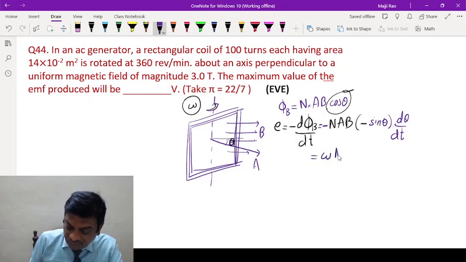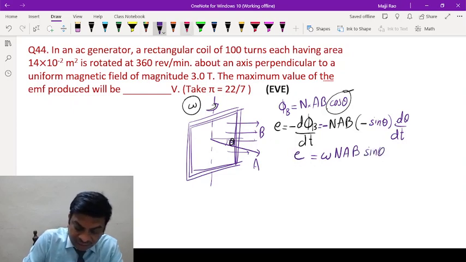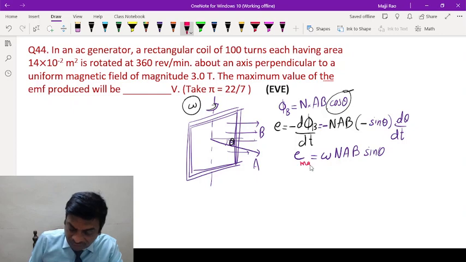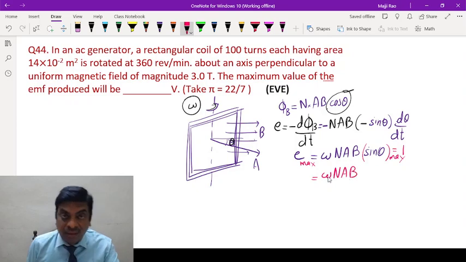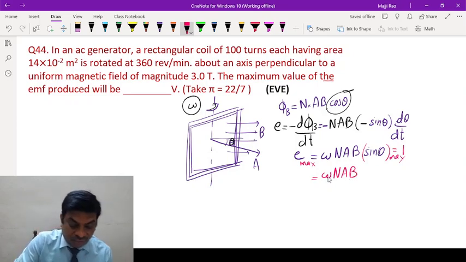So omega into NAB into sin theta. If we are interested in the maximum value of EMF, we take the maximum value of sin theta, which is equal to 1. So accordingly, you have the formula omega into NAB. This is the maximum induced EMF possible.